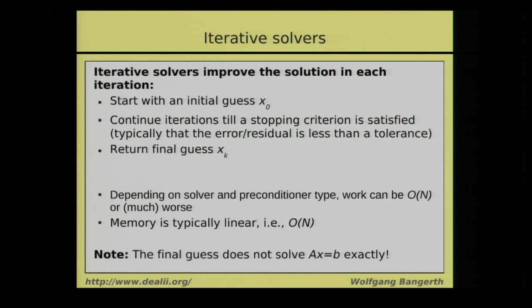Now, there are a number of things that you need to know about iterative solvers. First, in the very best case, some of these iterative solvers can solve a linear system in O of n operations if the matrix is sparse. And that's a miracle in itself, because if you wanted to solve a dense linear system, then just one matrix vector multiplication requires n squared operations, because the matrix has n squared entries.